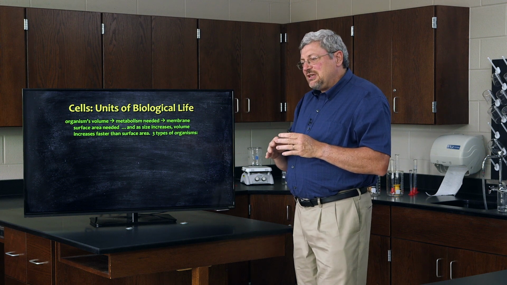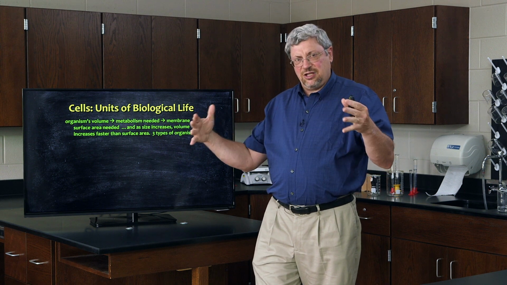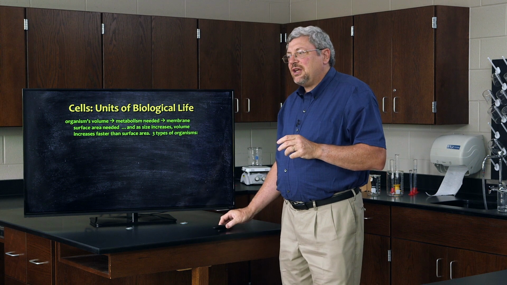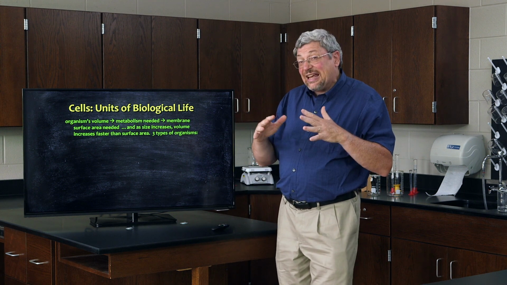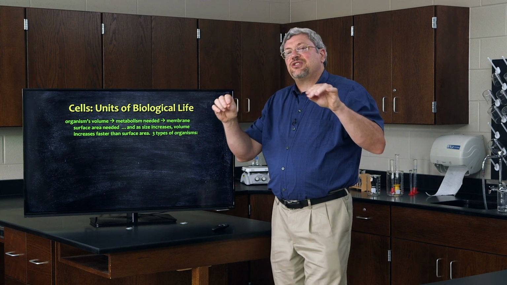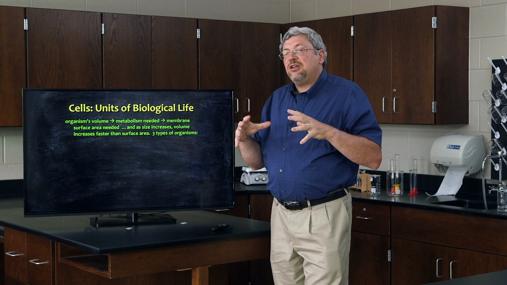As an organism increases in size, its volume increases in size. That makes sense. But as the organism increases in size and its volume increases and its surface area increases, if you look at how fast the surface area increases as the organism grows, the volume increases faster.